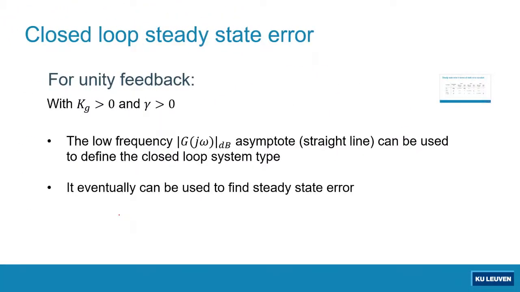But now, how can we estimate that system type properties in terms of static position error constant, static velocity error constant, and static acceleration error constant of a system, or of a unity feedback system that is stable? What does it mean when I say stable?